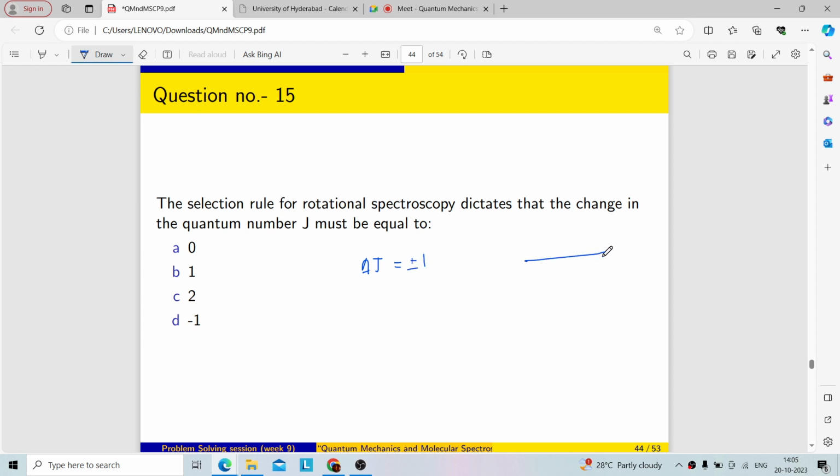So what does this mean? In this rotational spectrum, it can jump from J to J plus 1 or J to J minus 1. That's the meaning of this selection rule. So it can make a transition where the change in total angular momentum will be of 1 unit. So in that case, the right answer will be B and D.